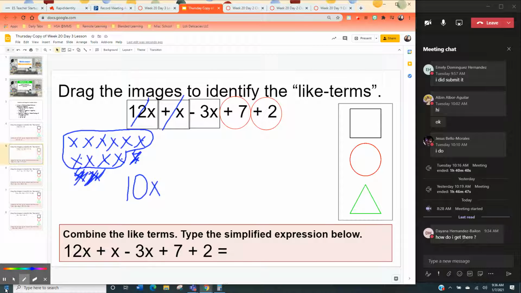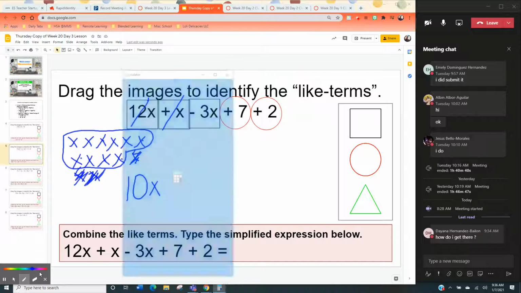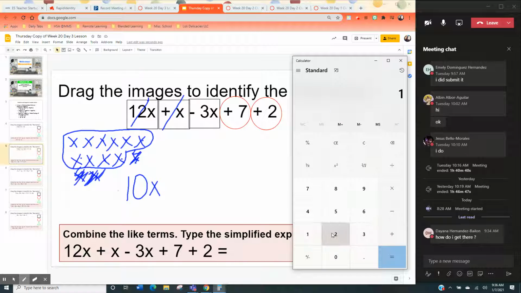If I was using my calculator, I would pull it up here and I would go, okay, so I have 12 plus x, and remember in front of that x is an invisible 1, so I would do plus 1, and then minus 3x would be minus 3, and again it would give me 10.